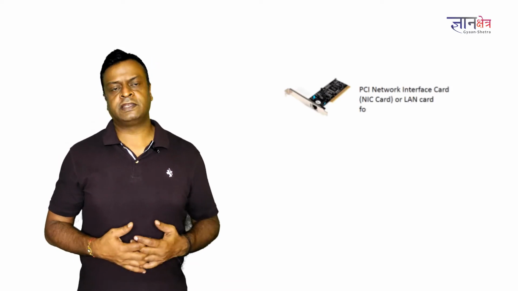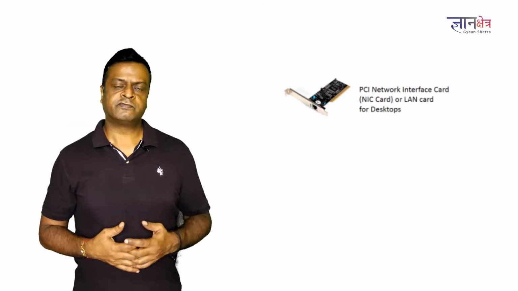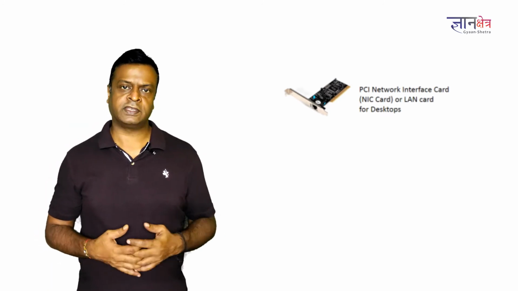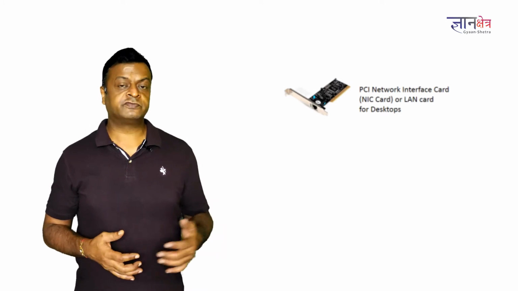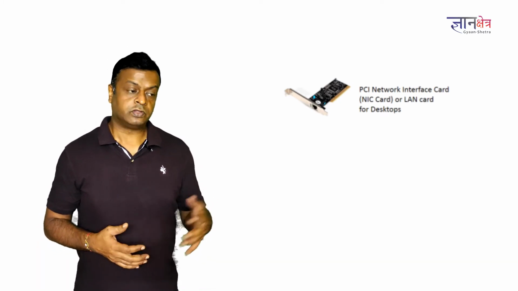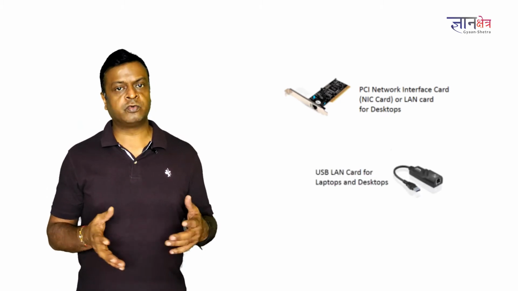You can easily get a PCI LAN card for your desktop from a computer shop, or you can order online. And if you're not comfortable opening the case of the desktop, you can go for a USB LAN card. In that case, you don't need to open the case of the desktop.